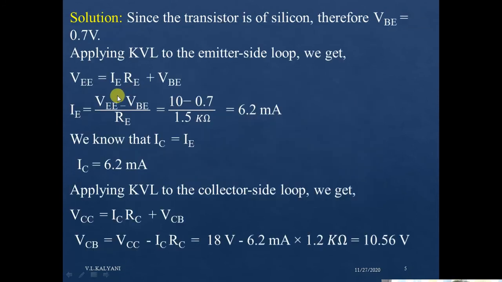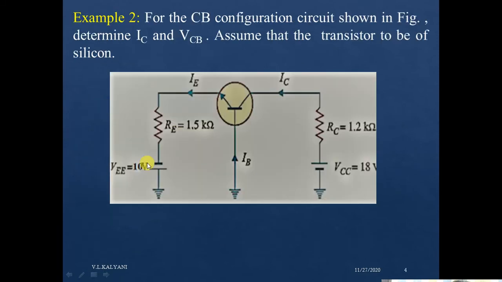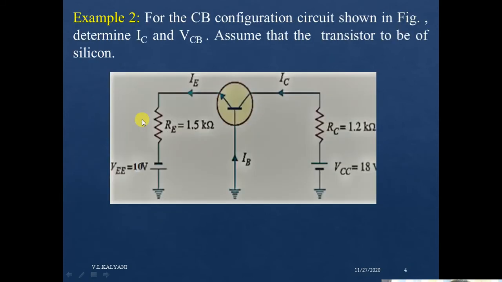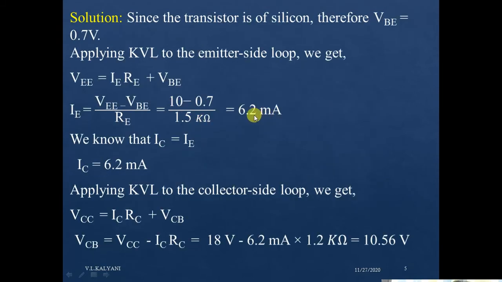After putting the values that are already given and calculating, IE is equal to 6.2 milliampere. VEE is already given, that is 10 volt. Similarly, VBE is 0.7 volt because the transistor is of silicon, and RE is given over here, 1.5 kilo ohm. So put these values, and it will become 6.2 milliampere.